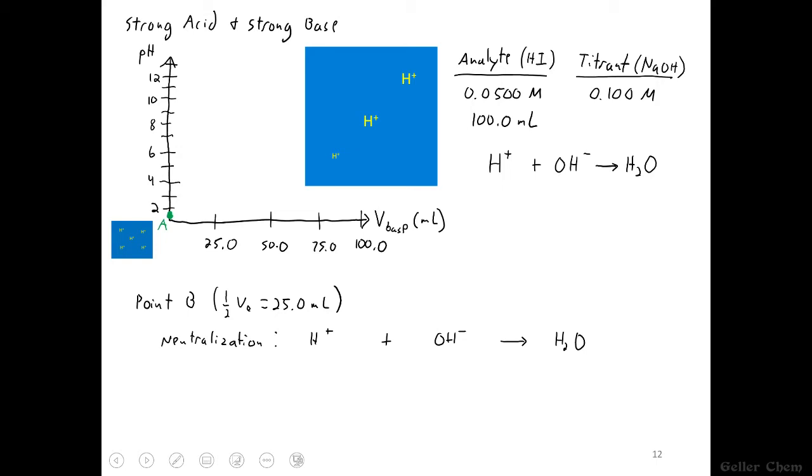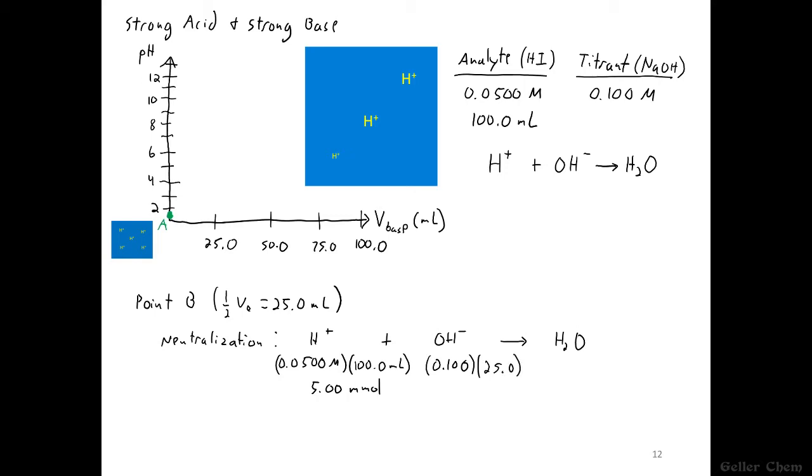Calculate moles, or millimoles, because this is neutralization. Volumes are changing. We need to take that into account. 0.0500 molar times 100.0 milliliters will give me 5.00 millimoles. And then for the hydroxide, same deal, but our concentration is 0.100. I'm going to stop writing units because you should just know what they are. And at this volume, we are adding 25.0 milliliters.